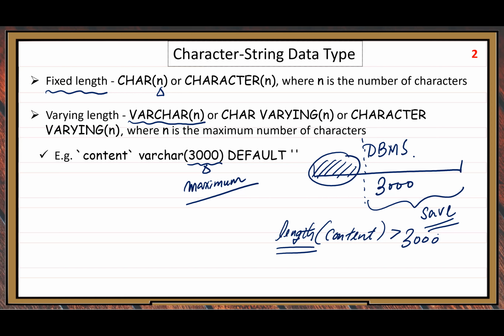Then what is the consequence? There are several possibilities. First, an error message, something like overflow. We know when we do computations in a computer and have an overflow, we usually get a runtime error.